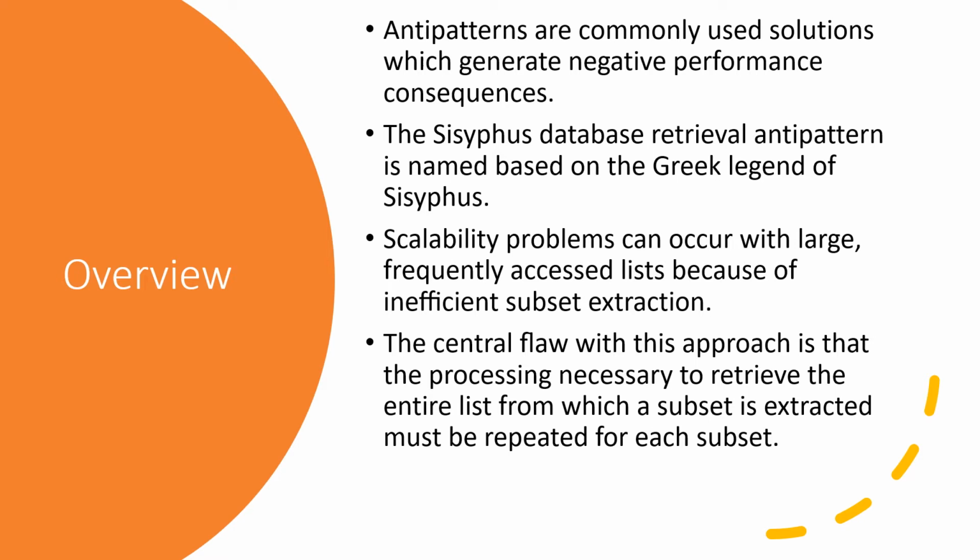What happens is the web server requests the entire list from the database and then filters through that to extract the subset. The central flaw with this approach is that the processing necessary to retrieve the entire list from which a subset is extracted has to be repeated for every single subset, rather than just requesting the subset from the database, which would lower processing requirements significantly.